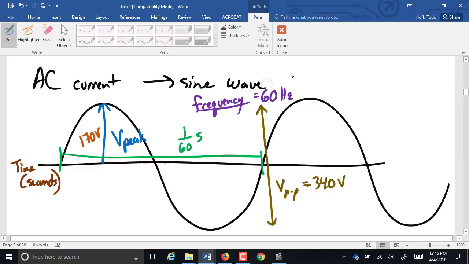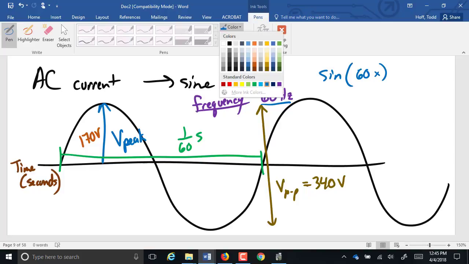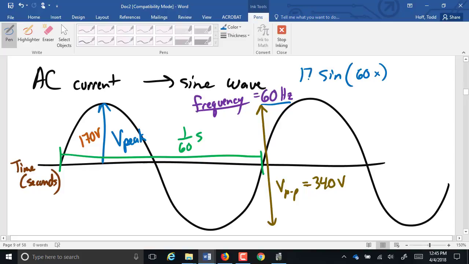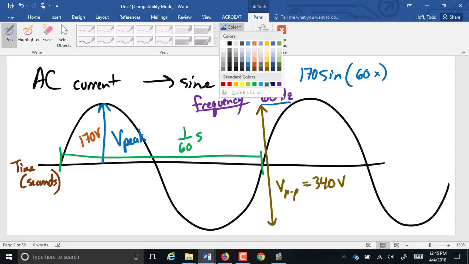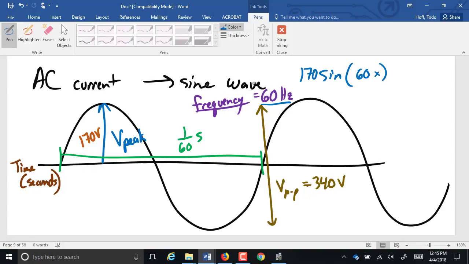The frequency being 60 hertz, wavelength being 1/60th of a second. So that's going to be sine of 60x, 60 being that frequency. 170 volts is our peak, our amplitude.